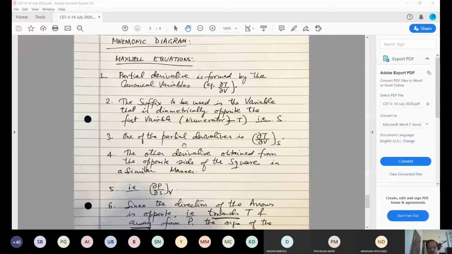So it will be dava t by dava v at constant entropy. That's what we'll get here.